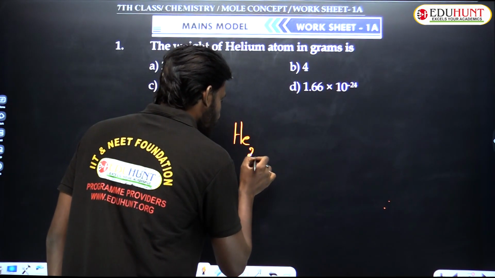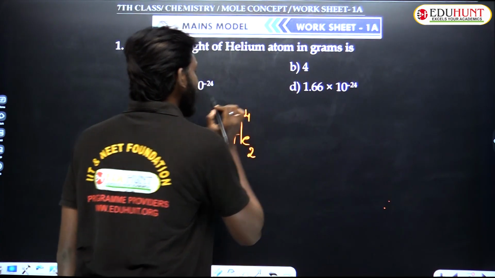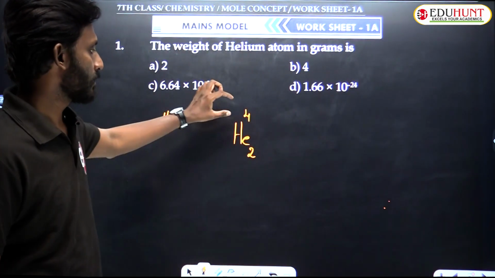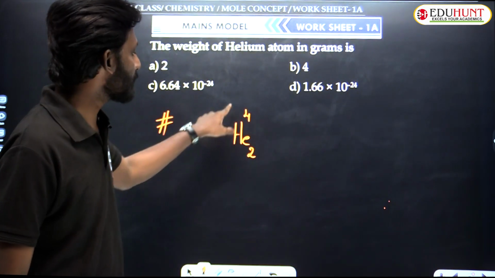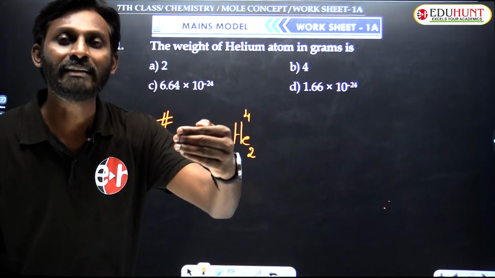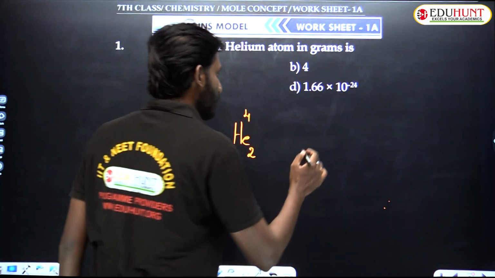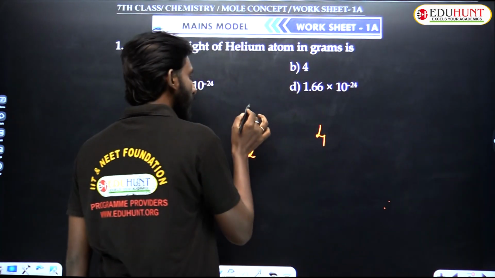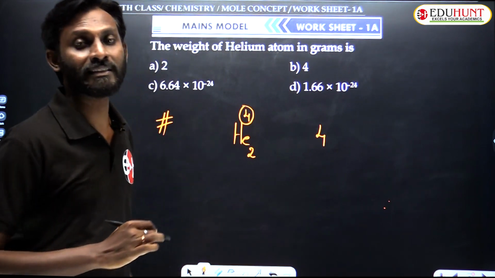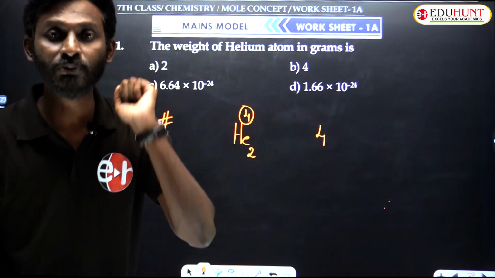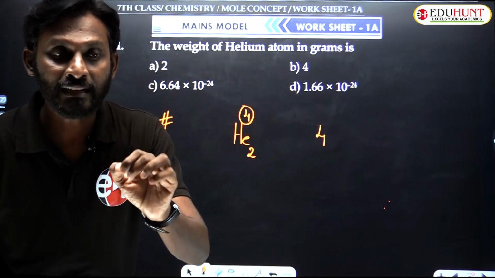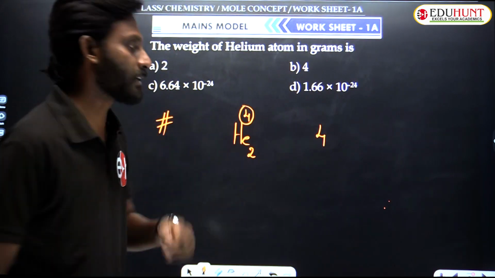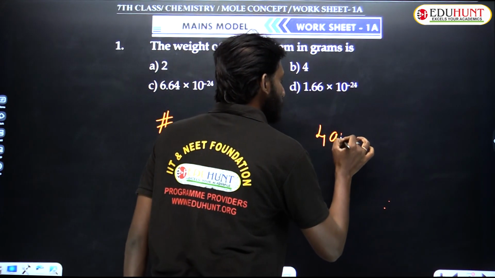Helium atomic number is 2 and mass number is 4. So by looking at the mass number, you can write the mass of one atom. The mass number is 4. What is this mass number telling you? It is telling you that the mass of one helium atom is 4 AMU.